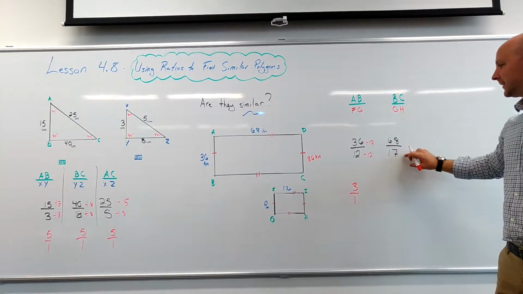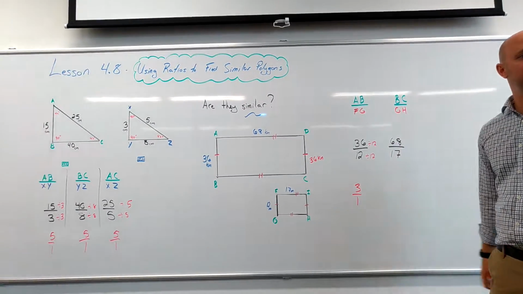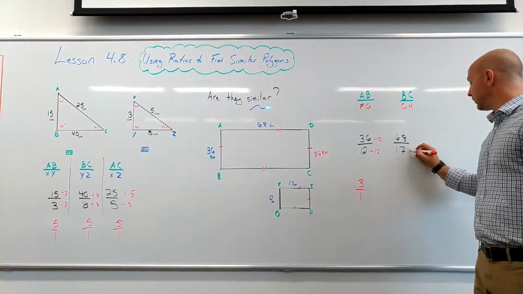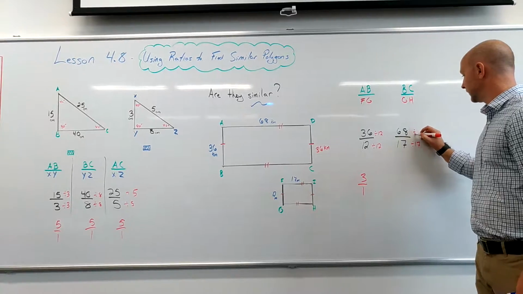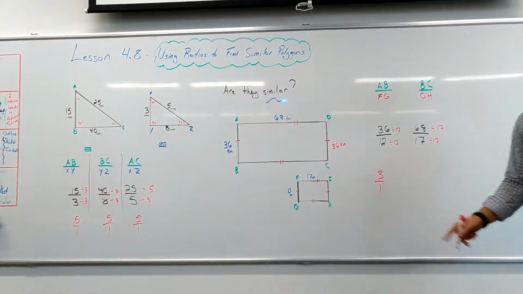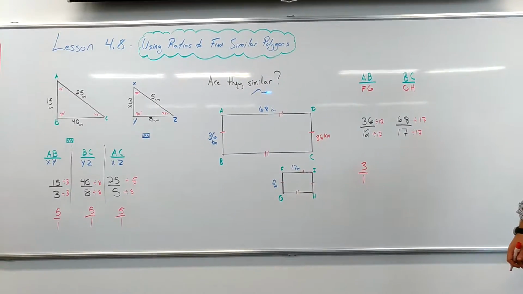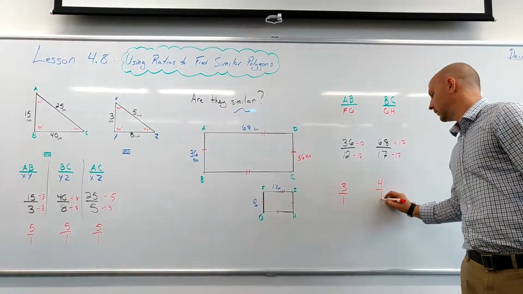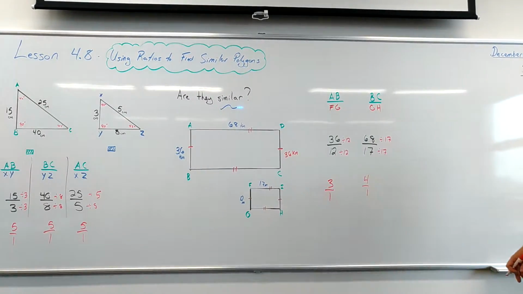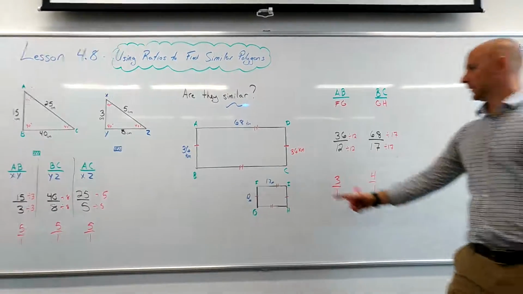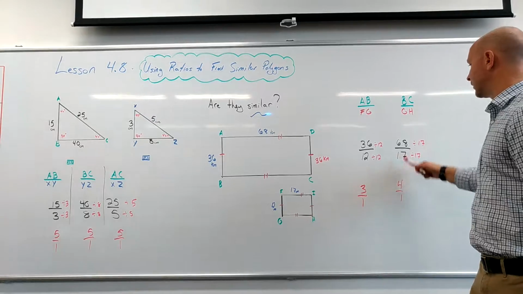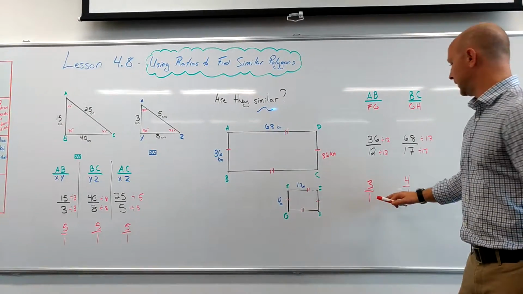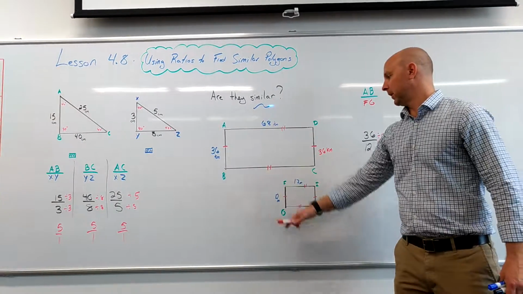Can anybody see the ratio on this side? Is there something they're divisible by? 17. They're both divisible by 17. What does that give me if I divide both by 17? Thomas? 4 over 1. So 68 and 17 both broke down, divisible by 17, to 4 over 1, and my 36 over 12 is 3 over 1.